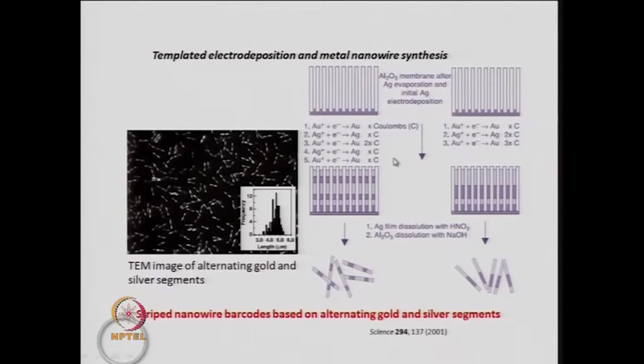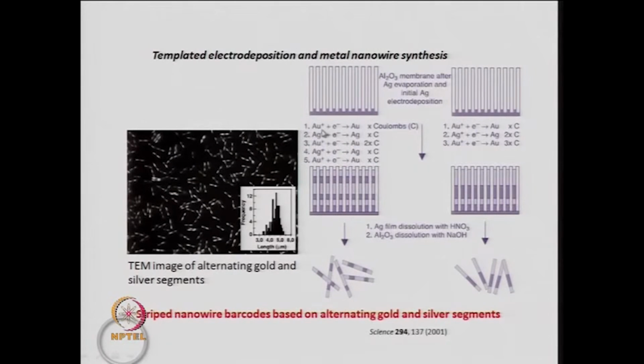So, what you do in a particular case, for example, in your first step you do an electrodeposition with gold ions, then first gold will deposit. The amount of gold will depend on how much charge you pass during the electrodeposition. So, if you want to control the length of your gold, because your diameter is fixed, if you pass more charge, the length will increase.